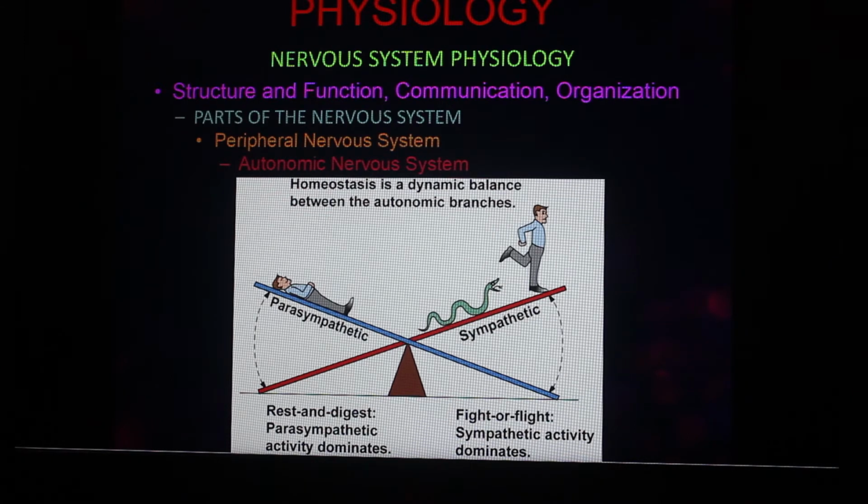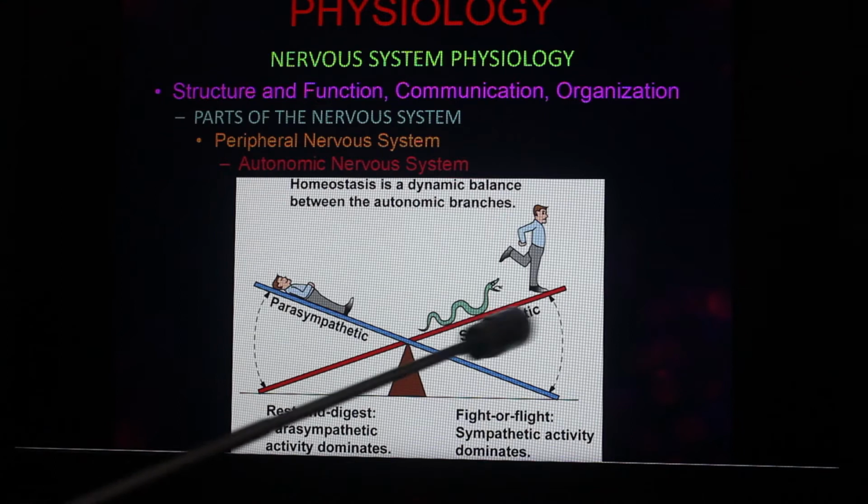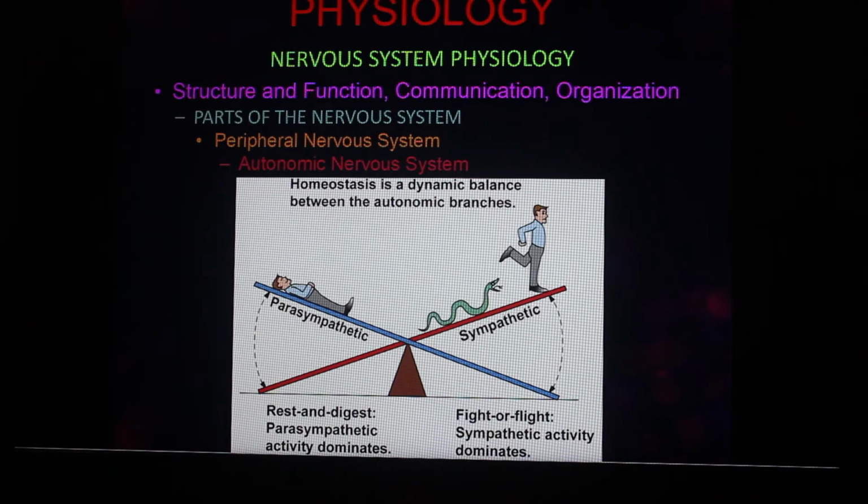However, when the sympathetic system starts to dominate, if you're afraid, you don't need your guts working, so gut working decreases, your heart starts to beat faster, your respiration increases, the blood pressure goes a little bit upward, and you become fully alerted for a fight or a flight.